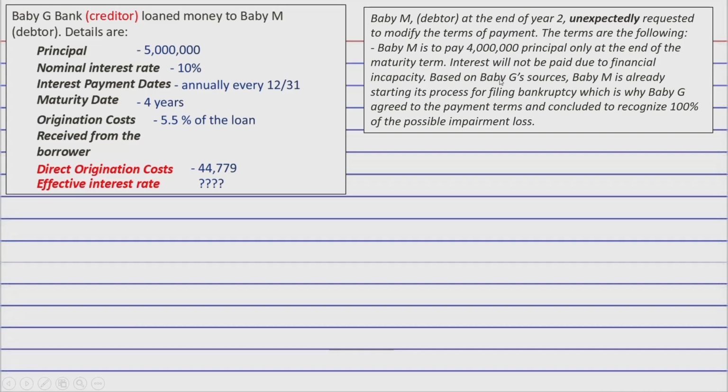And based on BBG sources, BBM is actually already starting its process for filing bankruptcy, which is why BBG agreed to the payment terms and concluded to recognize 100% of the possible impairment loss. So, what will happen in the measurement and the journal entries of the loans receivable account in the next 4 years, based on this? So, let's talk about that after this.